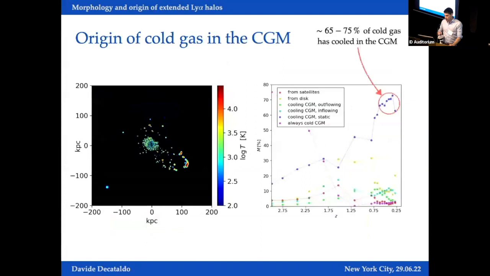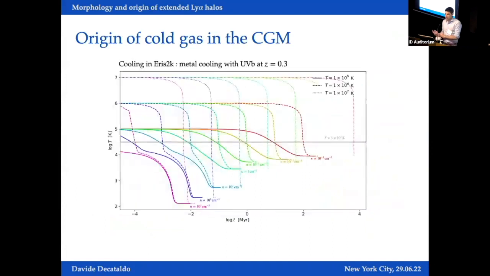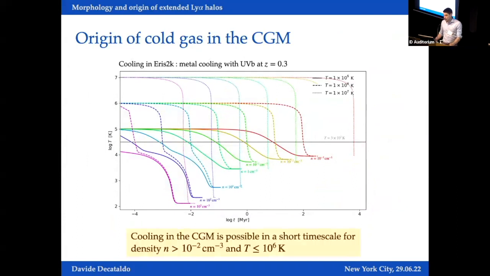The cooling itself in the CGM is not actually crazy to explain, because running the temperature evolution with the cooling function in ARIS-2K, we can see that the gas which is dense enough, let's say above 10^-2 particles per cubic centimeter, can reasonably cool in a time scale of 10 megayears at most.